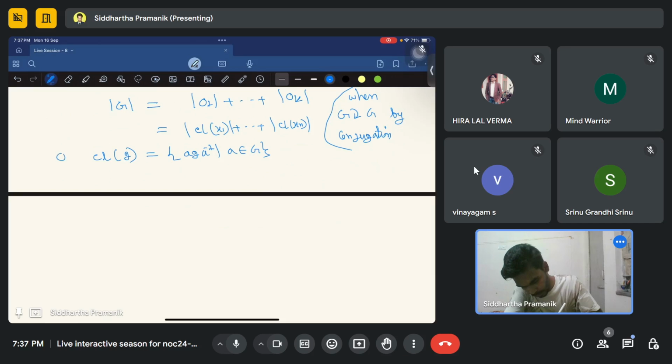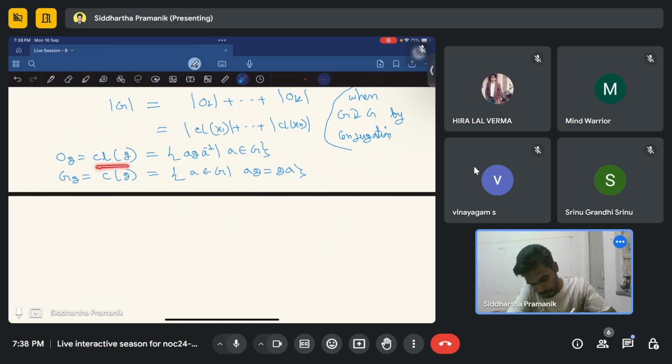It is the orbit of g here, and the stabilizer of g here is the same as the centralizer of g. So it is basically a belongs to G such that ag equals ga. So this is the conjugacy class and this is the centralizer.